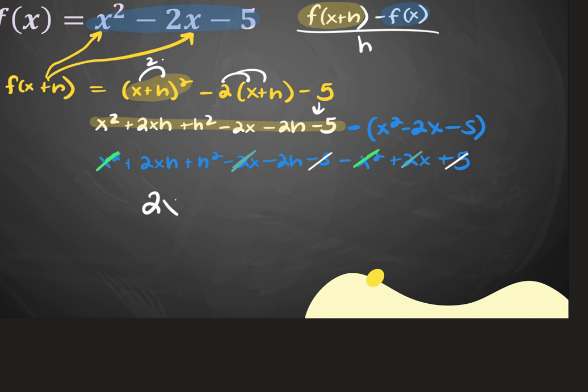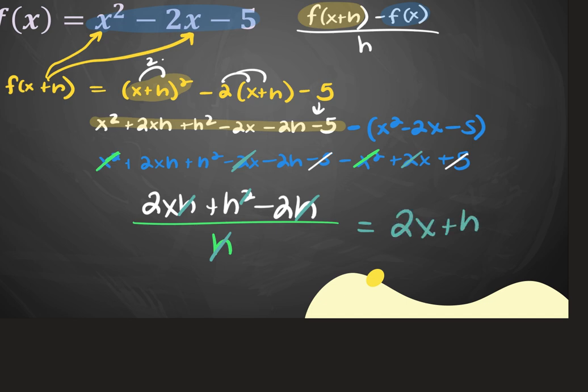So I get 2xh plus h squared minus 2h. The last step is to put it all over h, and then the h's cancel into each term. What's left is 2x plus h minus 2.